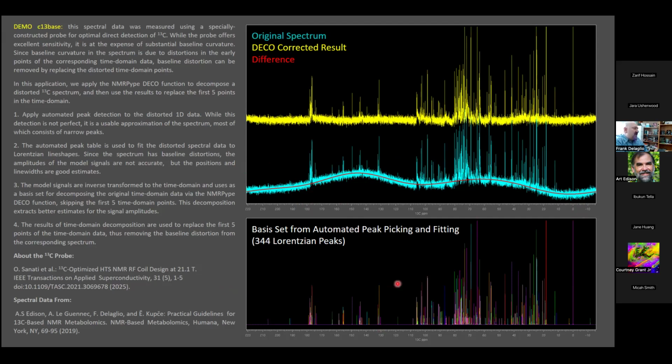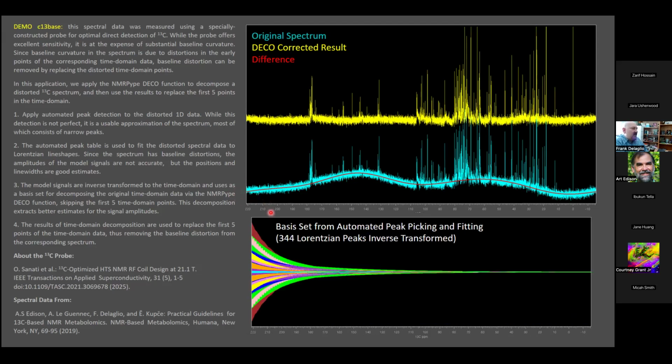But what we want to do instead is take advantage of the fact that this big baseline curvature comes from a distortion in only the first 4 or 5 points in the corresponding time domain data. So instead, we're going to take our basis set of peaks and inverse transform it to generate a time domain basis set. And then we'll go back and use this basis set to decompose the original time domain data and use the result to replace the first 5 points in the time domain to generate a nice flat spectrum like the one shown in yellow here.